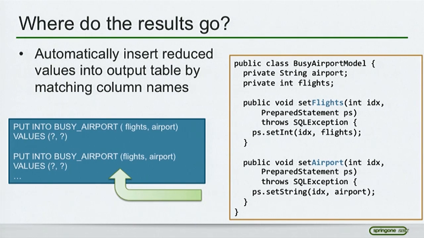So to reset here, what we've done is an insert statement that started out with your client, went over JDBC into GemFire XD, and got sent into HDFS. We ran a MapReduce job on it, and then we took the results of that MapReduce job and sent it back into GemFire XD.